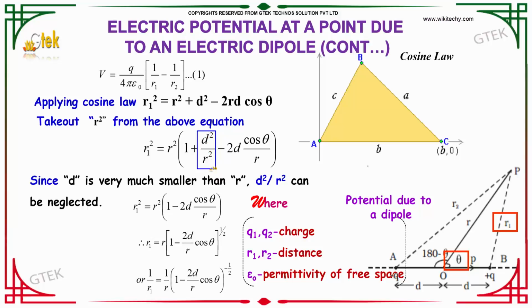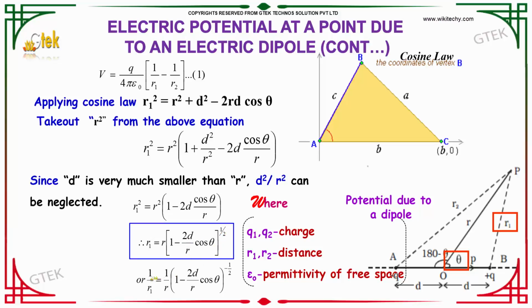So the equation will become R1 square equal to R square into 1 minus 2D cos theta divided by R. Now, taking the square outside, it becomes a power of 1 divided by 2. So R1 equals R into 1 minus 2D divided by R cos theta, the whole power 1 divided by 2.